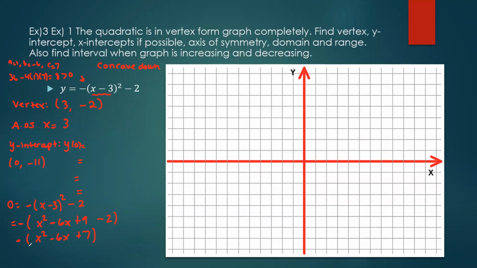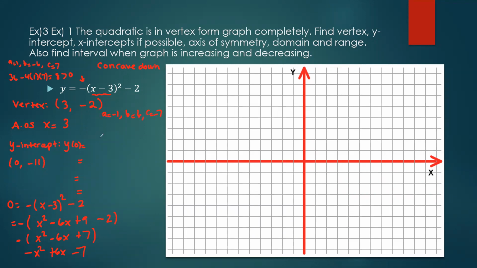So if I fill out this minus, this would be negative x squared plus 6x minus 7. And then our a is negative 1, b is 6, and c is negative 7, right?